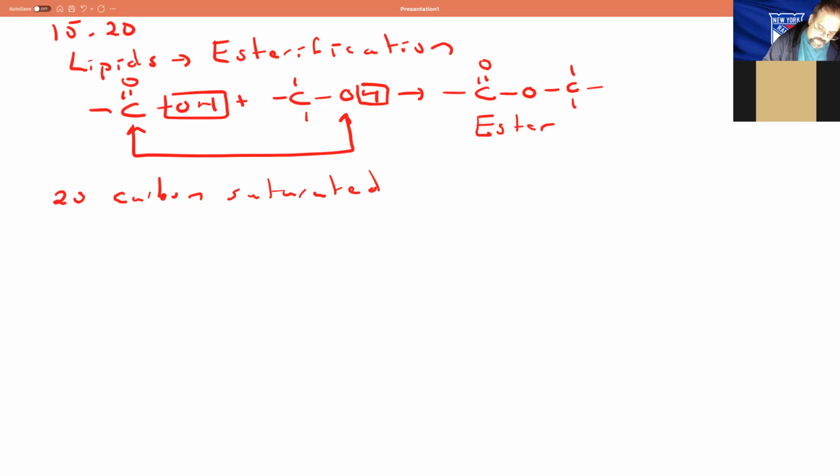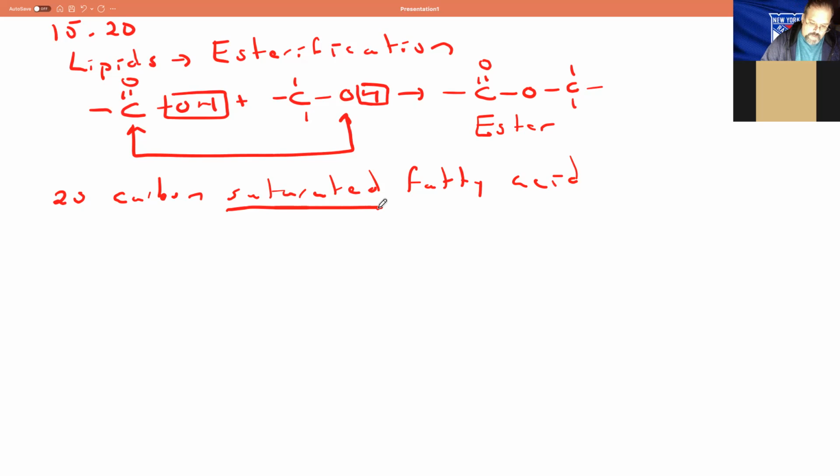Now, in terms of the fatty acid, they tell us a 20 carbon saturated fatty acid. So what do we know about fatty acids? At one end we have a carboxyl group, and then a carbon chain, which could have all carbon to carbon single bonds, which you find in saturated fatty acids, or 1 carbon to carbon double bond, which are monounsaturated fatty acids, or more than 1 carbon to carbon double bond, which are polyunsaturated fatty acids.